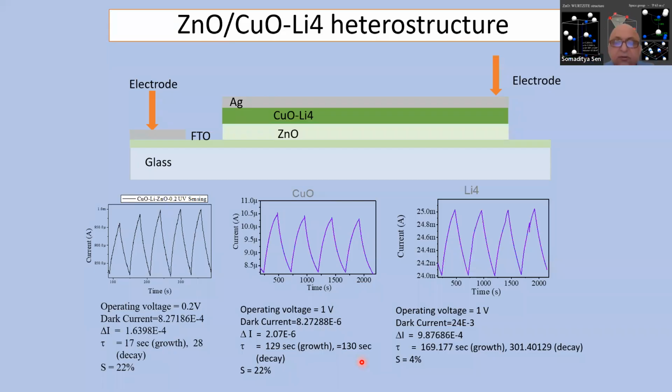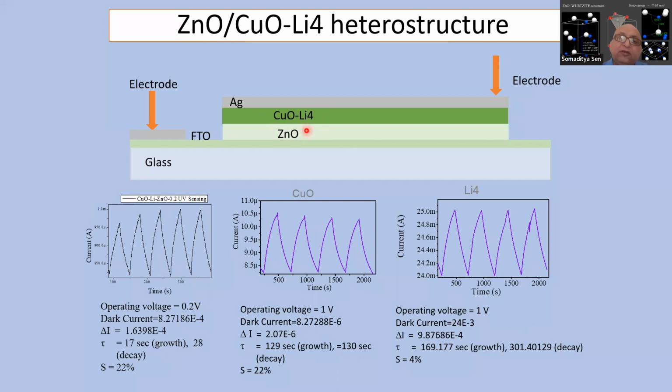Okay. So occasionally we see that a material by itself may not be a very good sensor, but when you make a heterojunction with something else, it has a very fast way of responding to the light. Here is an example where we have lithium doped copper oxide.